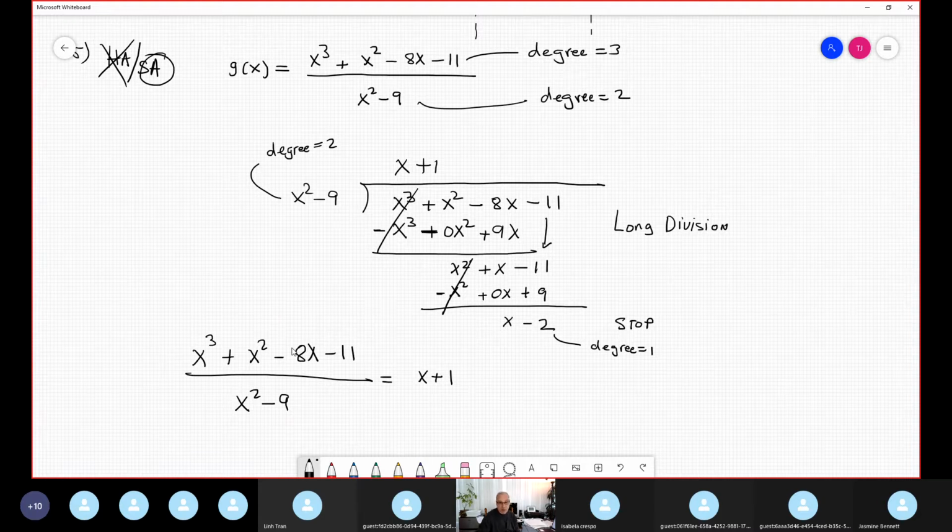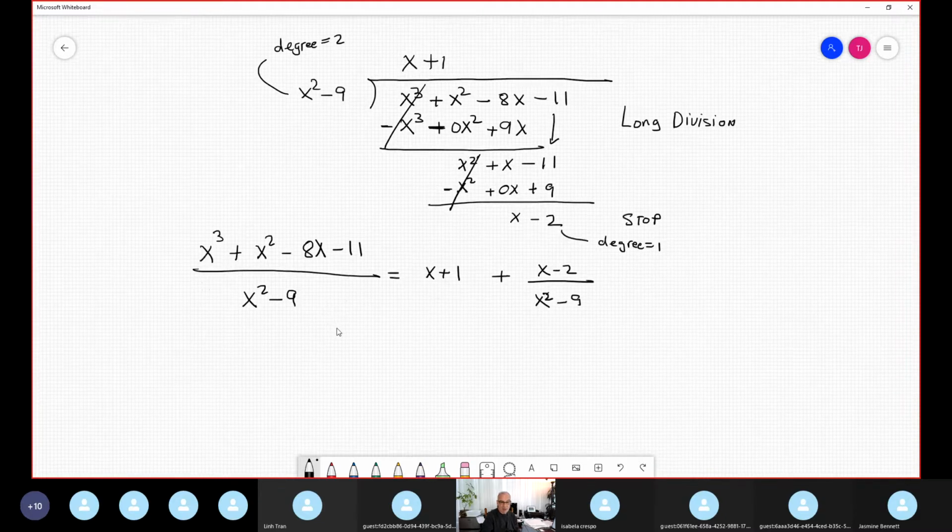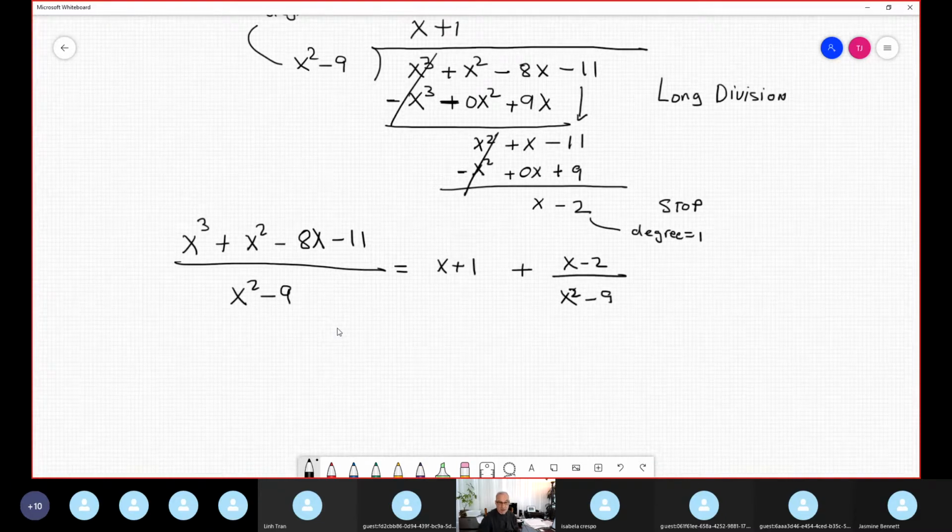Plus the remainder, x minus 2, divided by the divisor, x squared minus 9. Okay, so I determined, wow, fantastic. My slant asymptote equation is y equals x plus 1. It's too easy to do that. Okay, that's it.